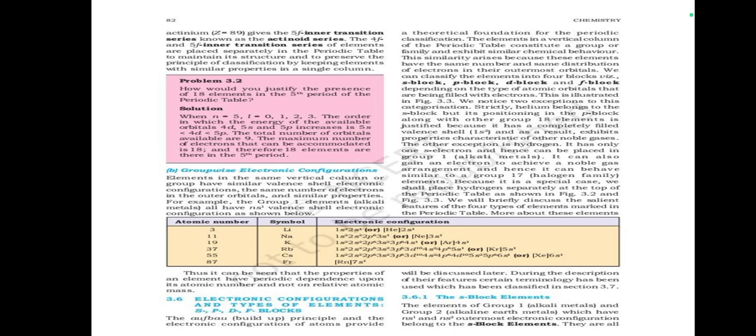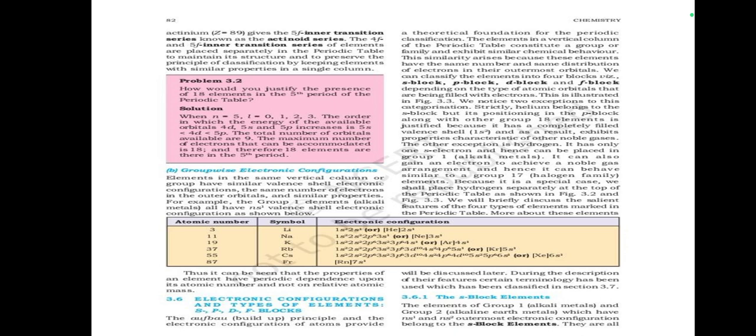Electronic configuration and types of elements: s, p, d, f blocks. The above build-up principle and the electronic configuration of atoms provide a theoretical foundation for the periodic classification. The elements in a vertical column of the periodic table constitute a group or family and exhibit similar chemical behavior.